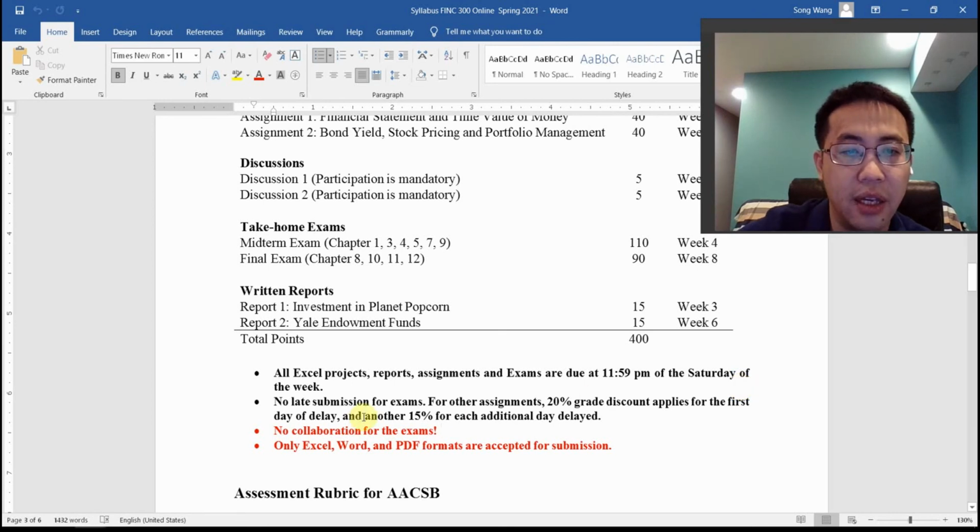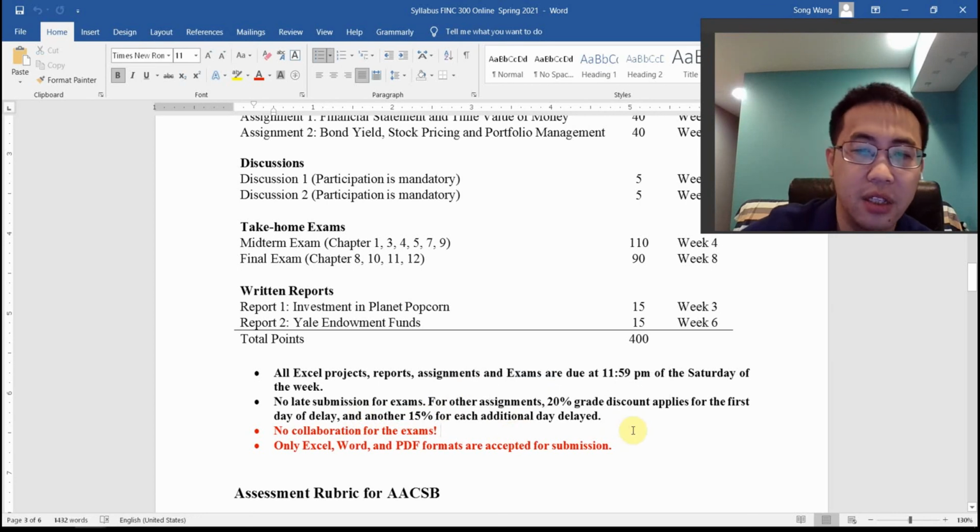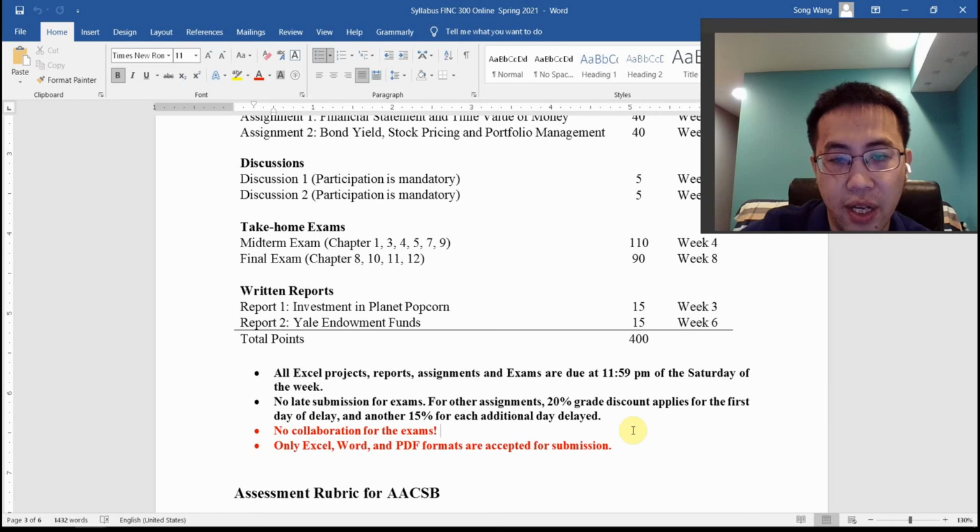And then another 15% discount is applied for each additional day delayed. So if you delay for 2 days, the maximum you can get is 65%. If you delay for 3 days, the maximum you can get is 50%.